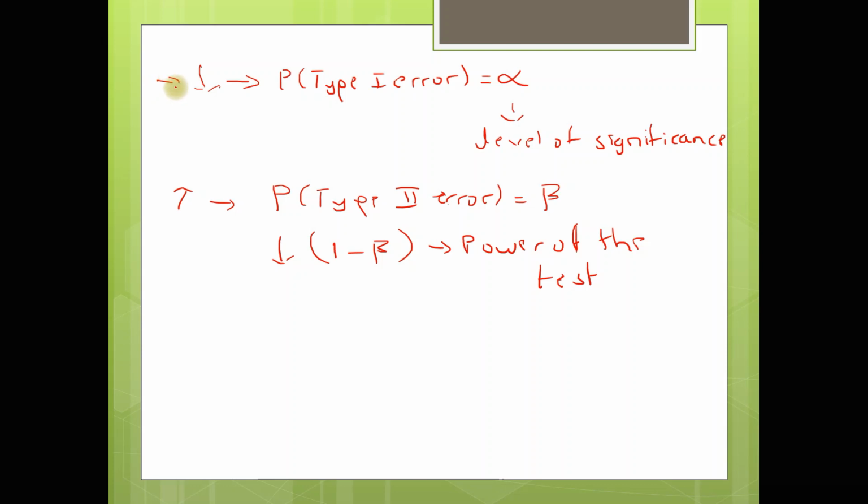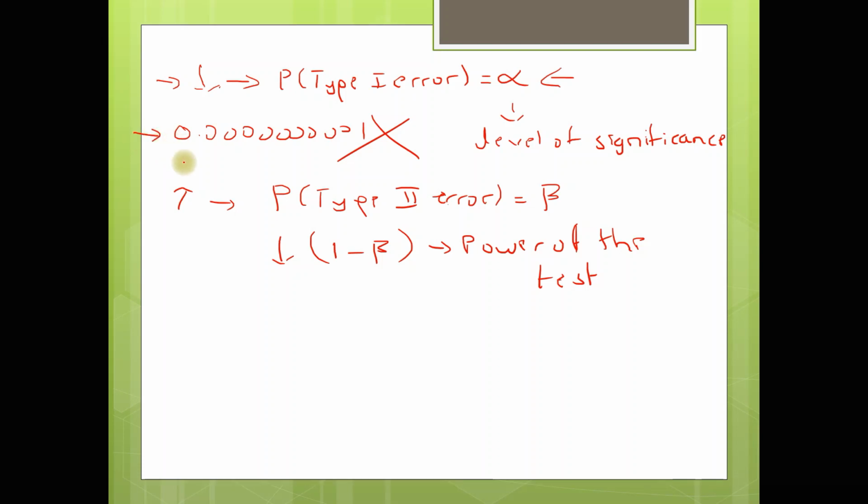If your level of significance is decreasing, your power of test is decreasing as well, which means that you cannot decrease that to a too small value. You cannot, for example, decide to say I'm going to put it as 0.0-something like that. You cannot do that. Why?